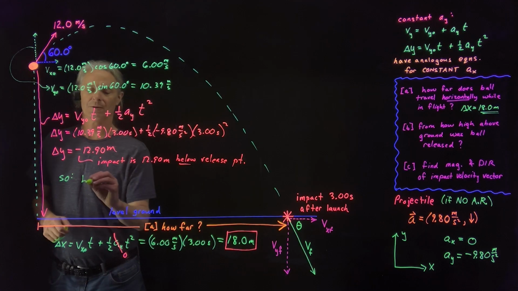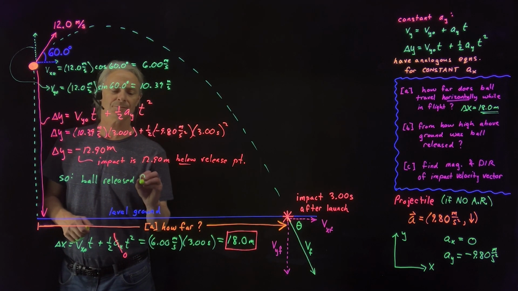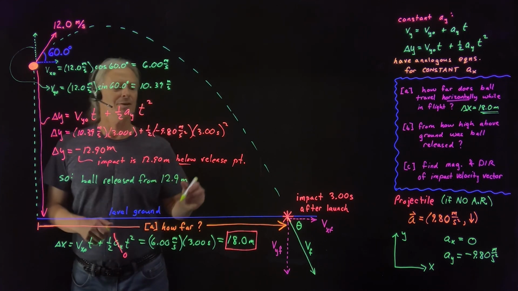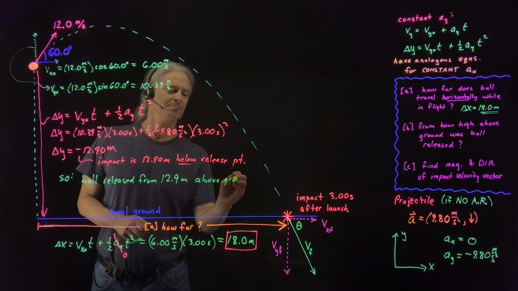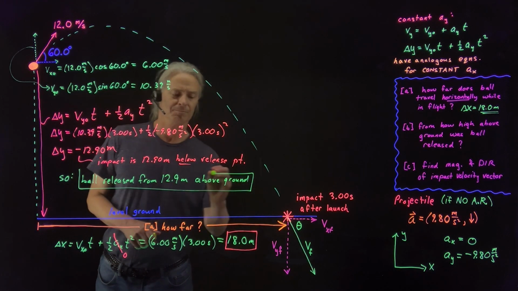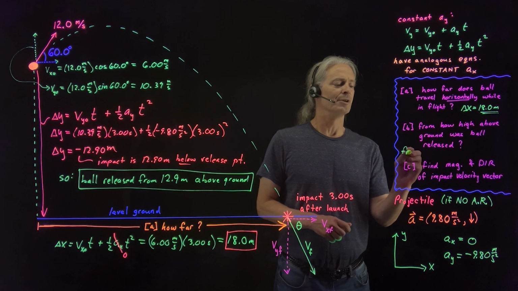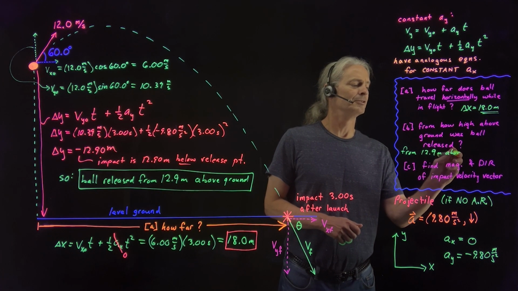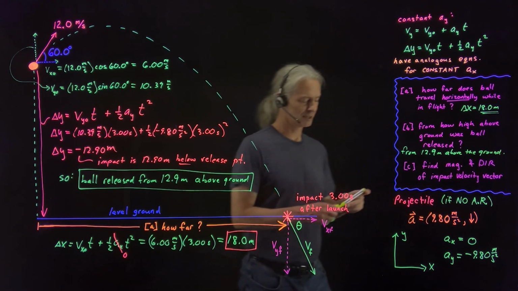So the ball was released from 12.9, I'm going to round this now, meters above the ground. And that's our answer. So, from 12.9 meters above the ground. Fantastic. That's the second part.